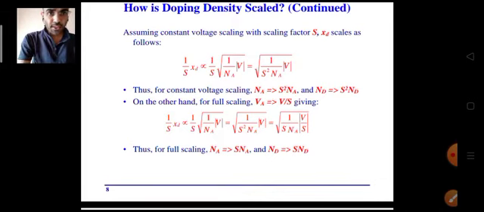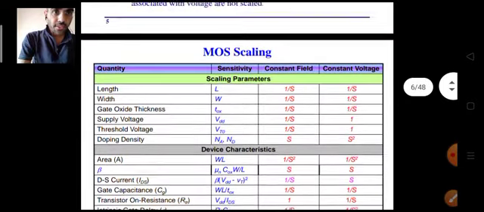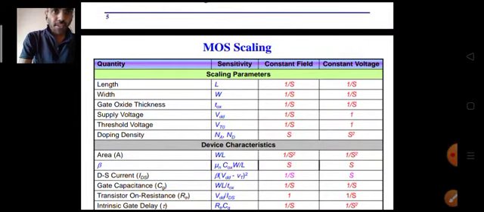That's what was written in this table. For constant field scaling the doping density gets multiplied by the factor s, whereas for constant voltage scaling it gets multiplied by the factor s square.